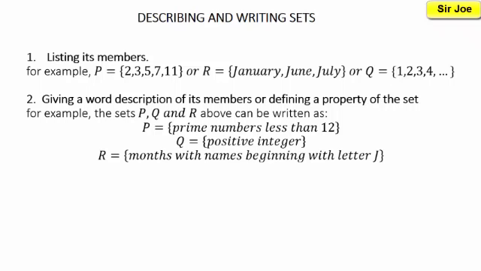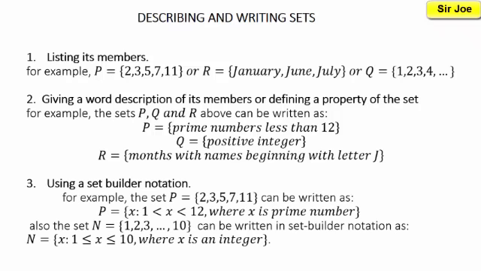Positive integers start from 1 up to infinity. Then R you can also write as months with names beginning with letter J. If you look at R, the months all begin with J: January, June, July. So by giving a word description of its members or defining a property of a set, a set can be defined for you and then you have to list its members.